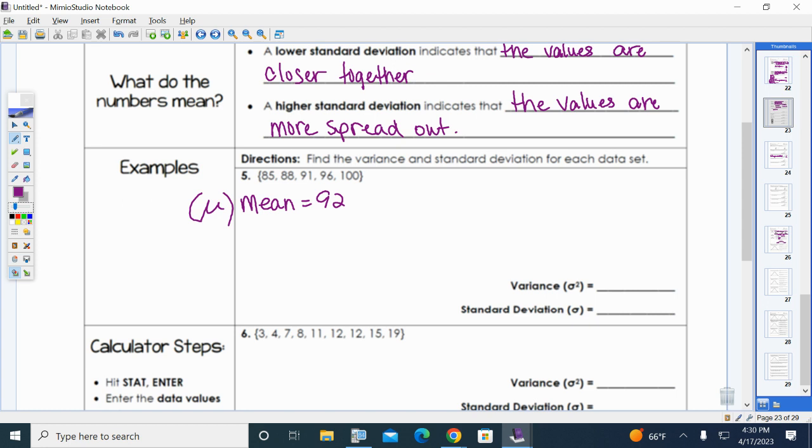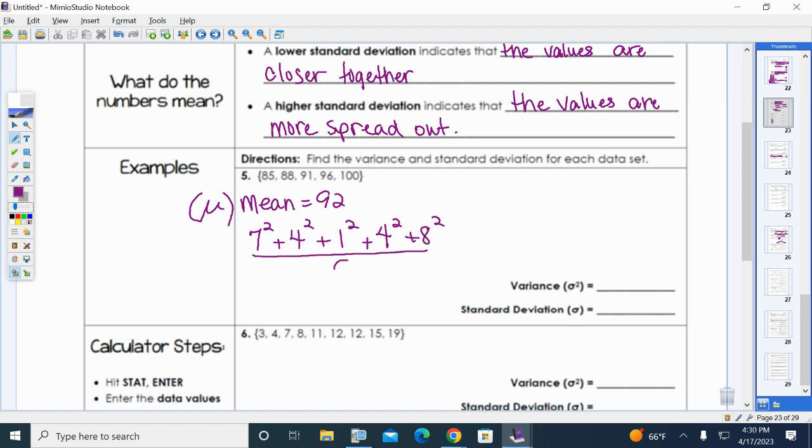And then to find your variance, we are going to do the average of the distance squared. So 85 to 92, that's 7, and we would square that. From 88 to 92 is 4, and again, you need to square it. 91 to 92 is 1. 96 to 92 is 4. And then 92 to 100 is 8.